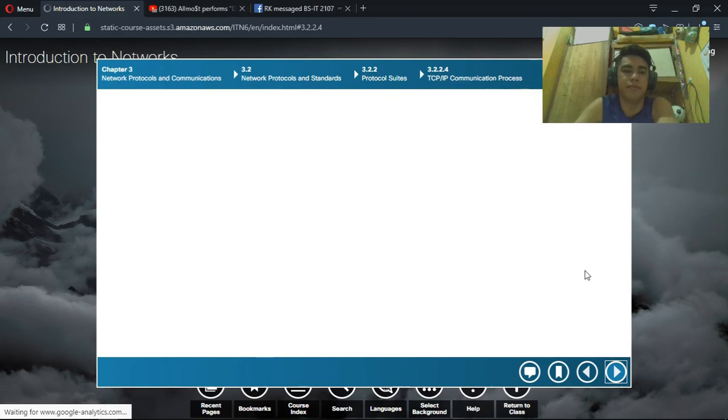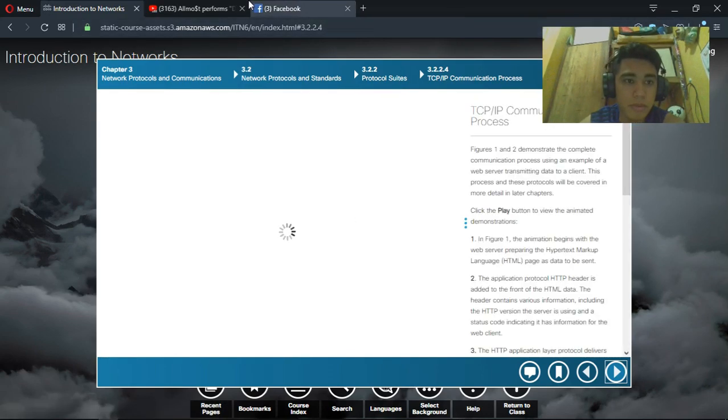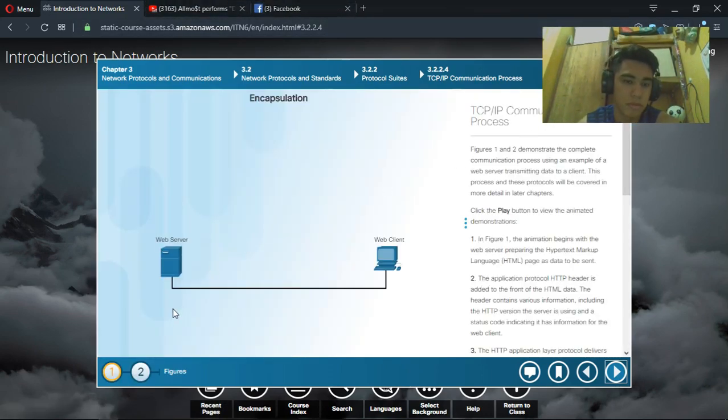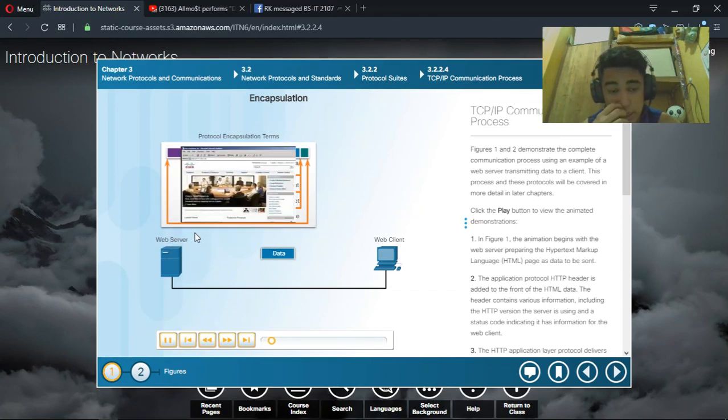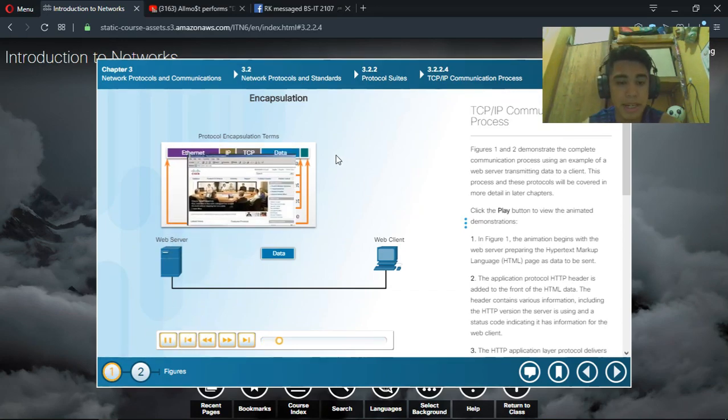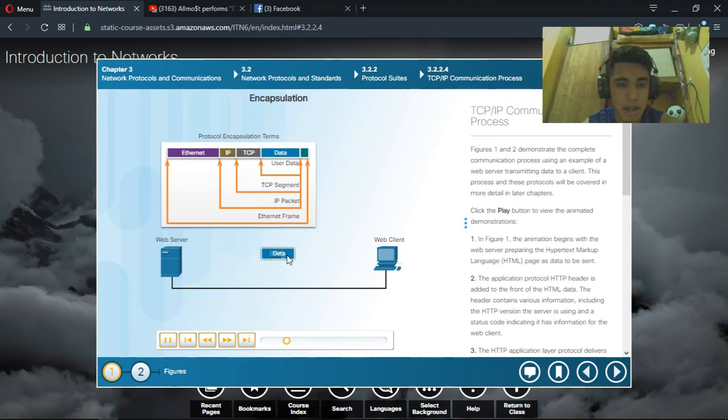Next. Encapsulation. This is the user data. It will be encapsulated. The next is TCP, and it will become a segment.